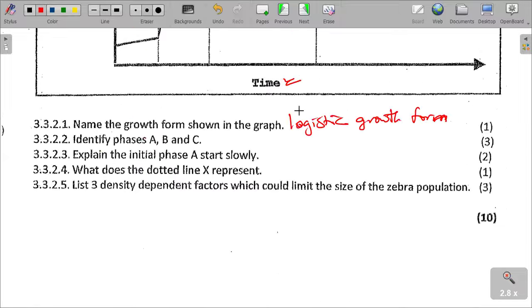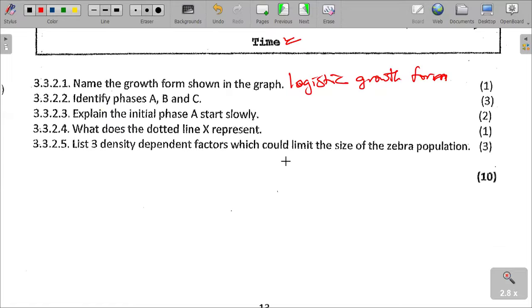The next question is saying, explain the initial phase A. It starts slowly. Question 3.3.2.3.